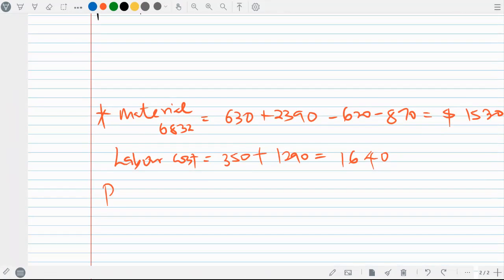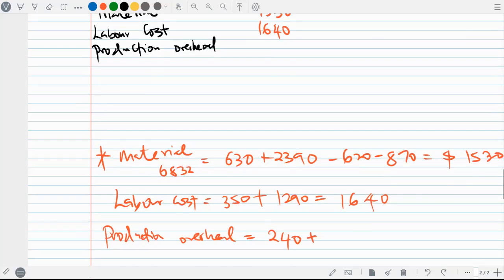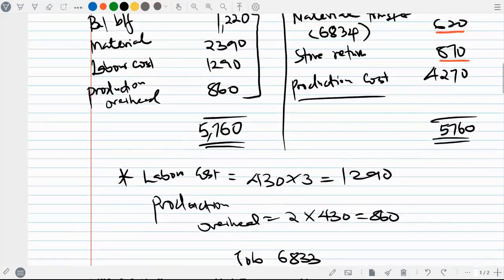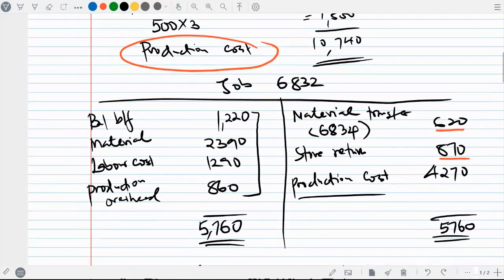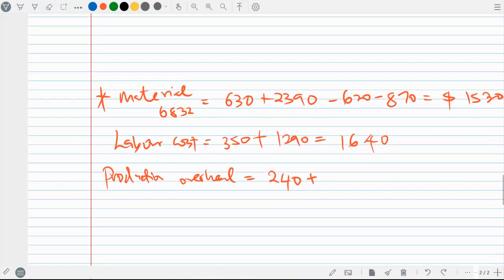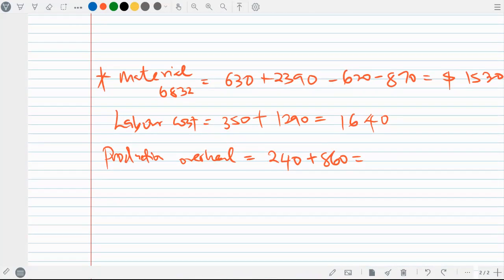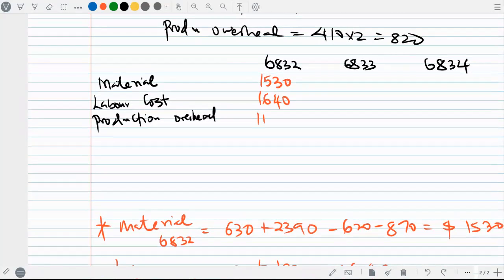Then production overhead. Here we go to the cost incurred by the time the month began, which is 240, plus the production overhead incurred for the month, which is 860. That gives us 1100.